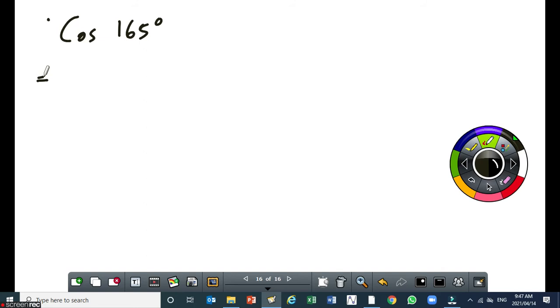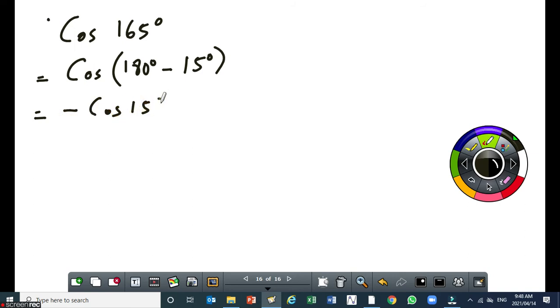Now, since it's not an acute angle, it would be wiser to convert it to an what? To an acute angle. So I can write that as cosine of 180 degrees minus 15 degrees. Then I'll use my knowledge of reduction formula. Since 165 is in the second quadrant, this becomes minus cos 15 degrees.